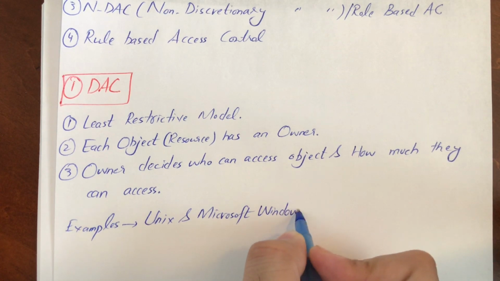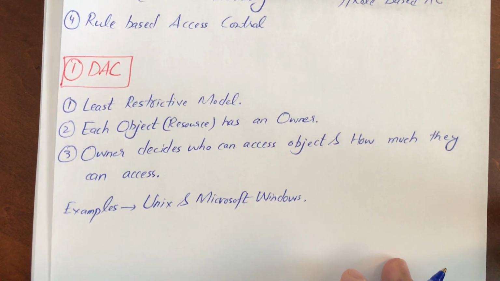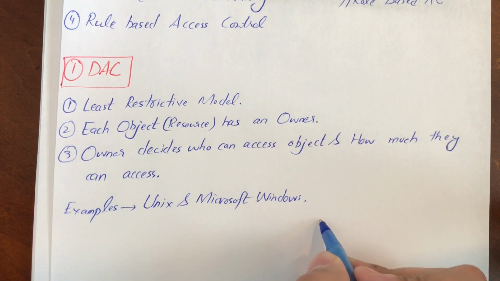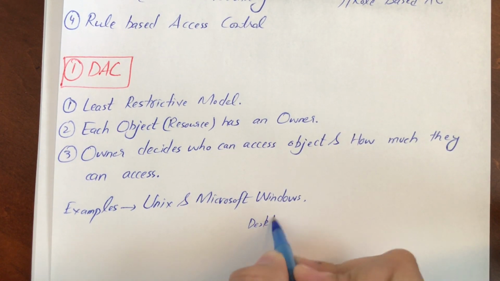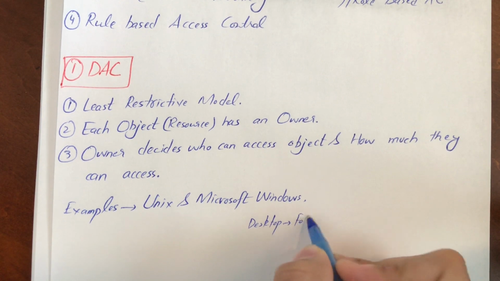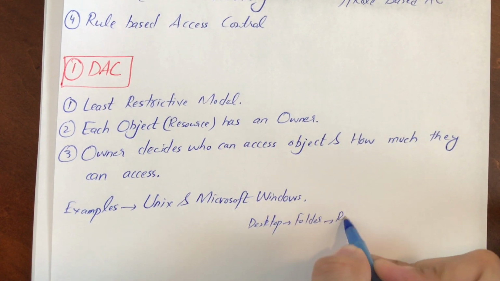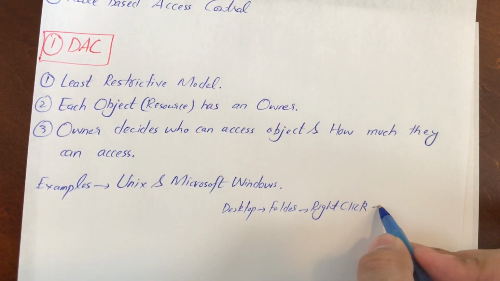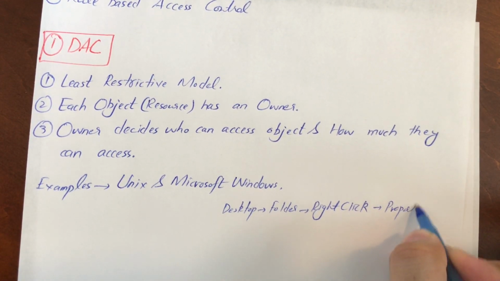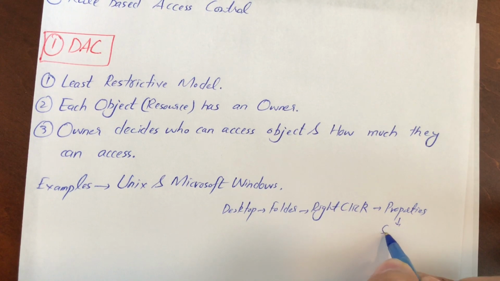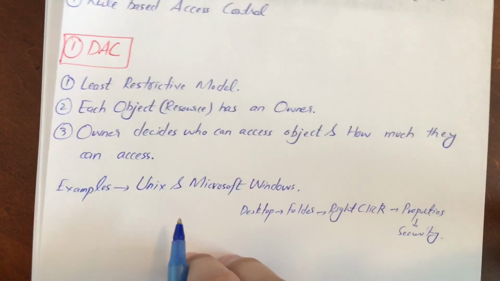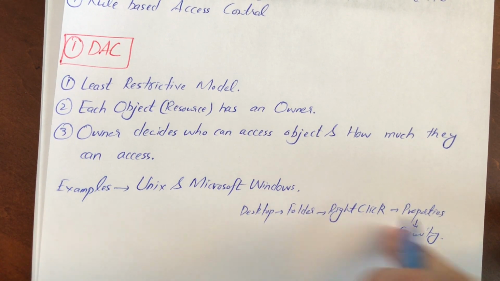If you want to see how the DAC model looks, just create a folder on your desktop, then right click, pull up the properties, security, and then you will see the options read, write, execute, and all that stuff. I'll show you in our lab as well.